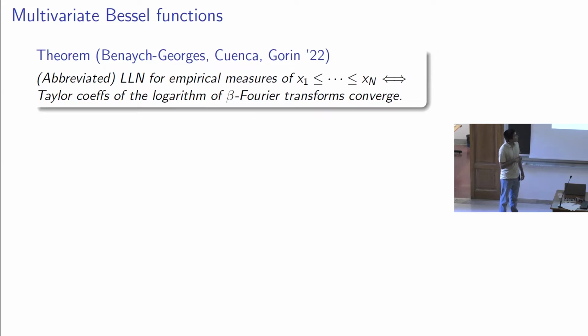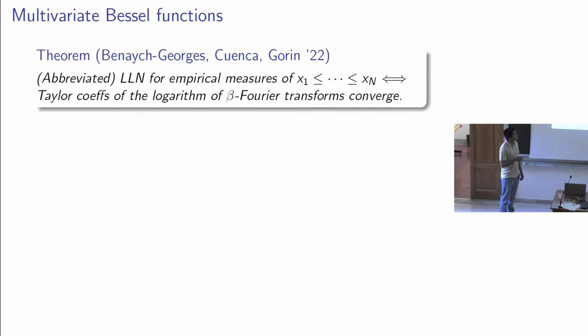So law of large numbers for the empirical measures of these sequences is equivalent to some convergence of the Taylor coefficients of the logarithm of something that I will call informally the beta Fourier transform. Okay, so I will define some notion of Fourier transform, which depends on parameter beta. And the theorem here will be that law of large numbers is equivalent to some kind of convergence of the beta Fourier transforms. Okay, so it's essentially a Levy's continuity theorem.